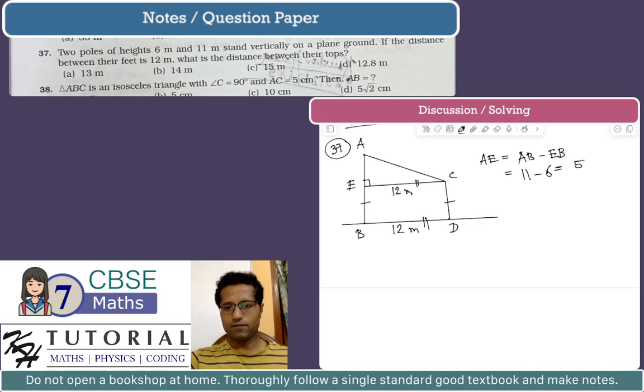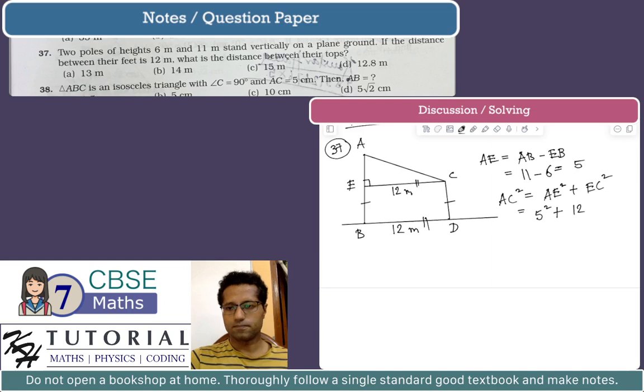Okay, so we have now AC square is equal to AE square plus EC square. AE square is 5 square and EC square is 12 square. So this is equal to 25 plus 144, which is equal to 169.